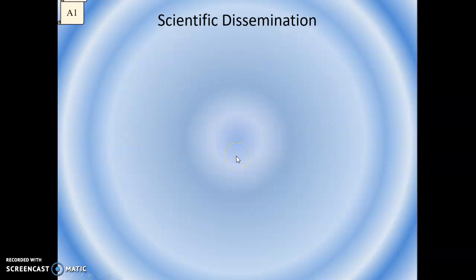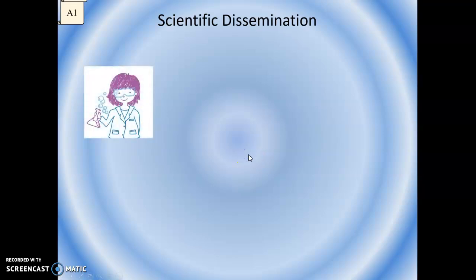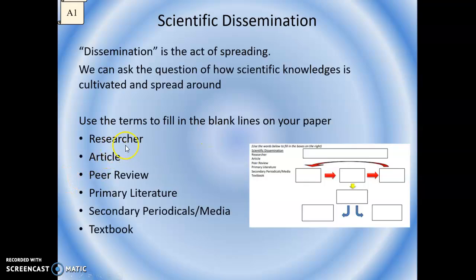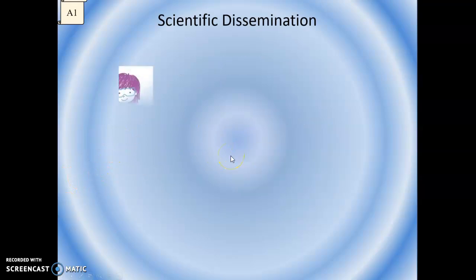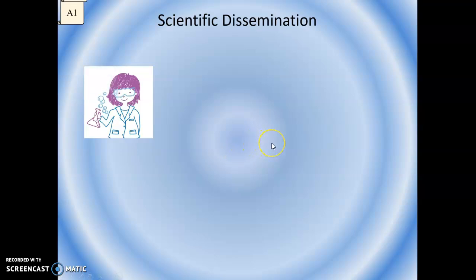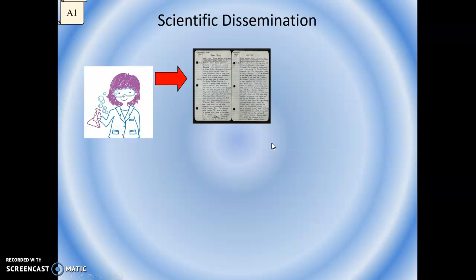So the story is that, in scientific dissemination, we start off with our researcher, who's going to ask a scientific question, come up with a hypothesis, test it, and so on. And eventually they're going to write an article about the research that they did.